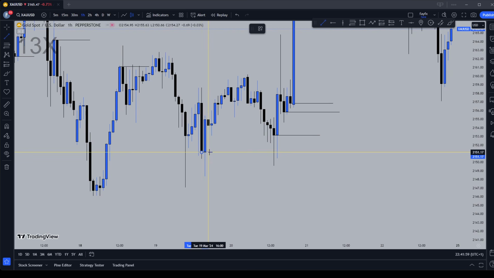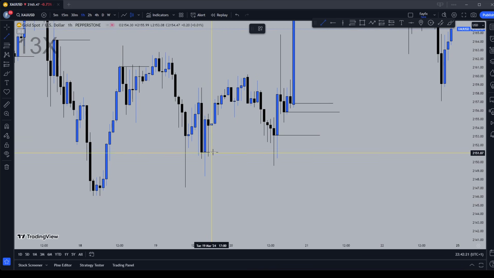This is an unfresh level. After the creation of that level, this first candle, a bearish candle followed by a bullish candle and closed, then price came down, touched the level, and continued its move.